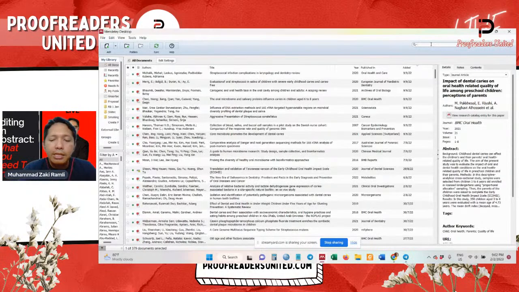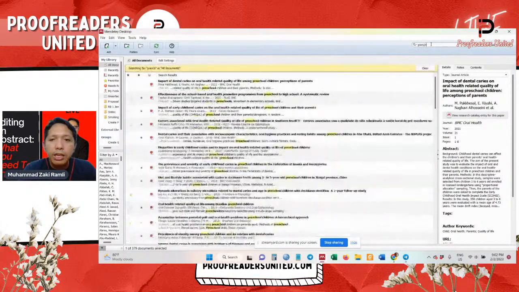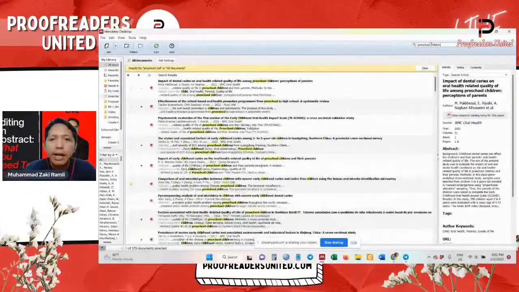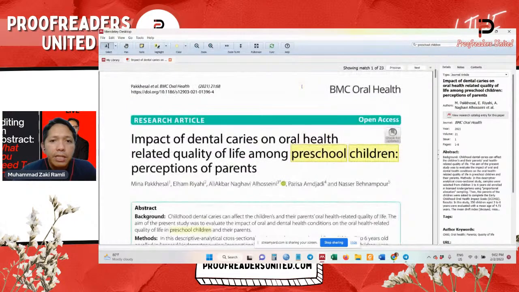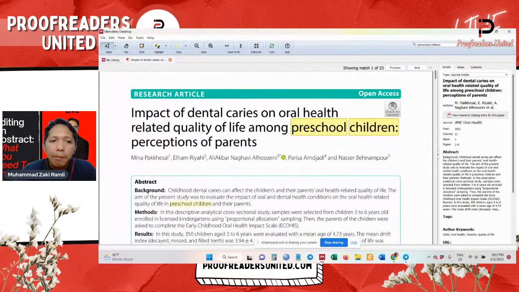Since my study is related to preschool children, I would like to find articles with the keyword preschool children, and let's see this first article and immediately go to the abstract. It's a paper by Pakashal et al.